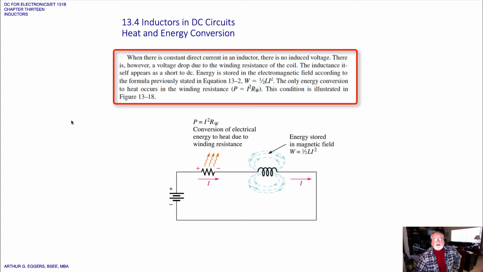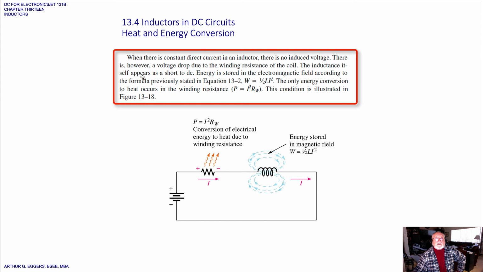Again, simply starting off in a series circuit, when there is a constant direct current in an inductor, there is no induced voltage. There is, however, a voltage drop due to the winding resistance of the coil. Again, it may be minuscule, but nonetheless, there is a winding resistance.